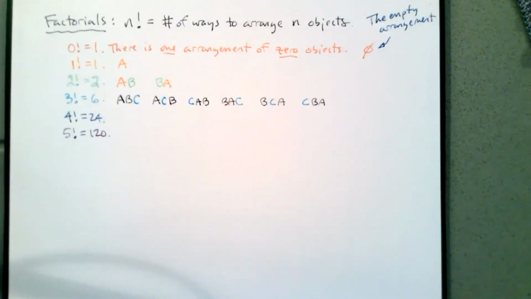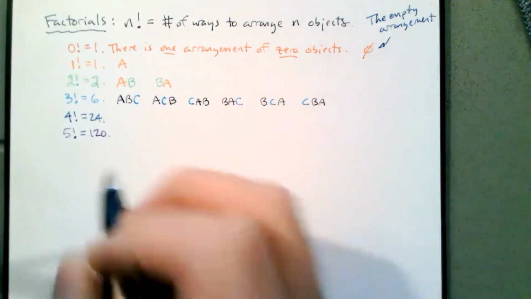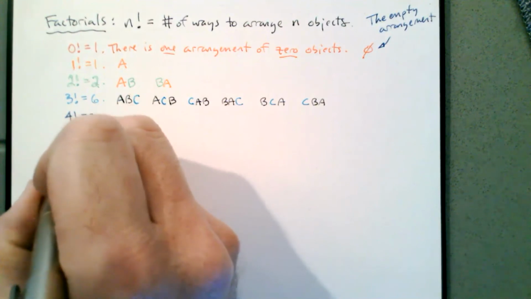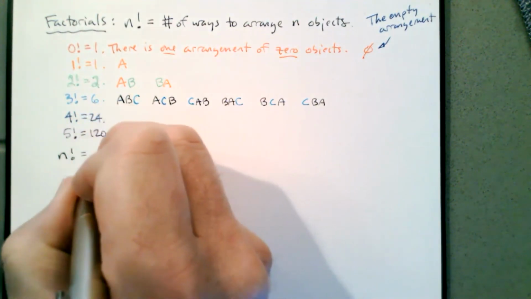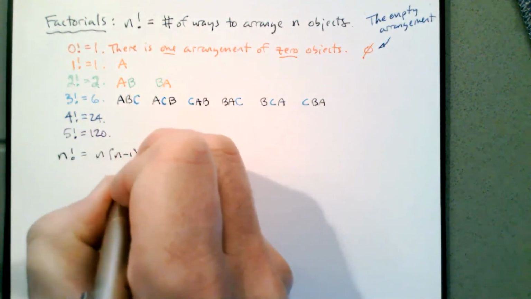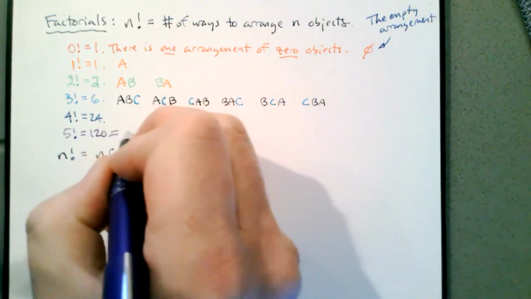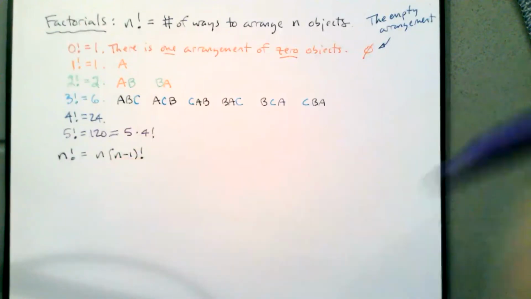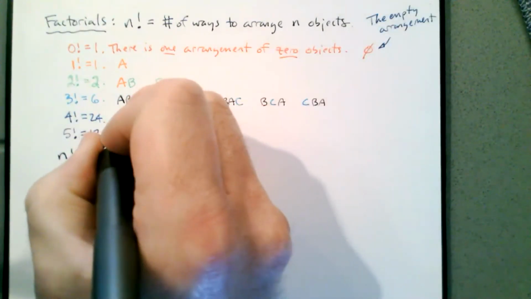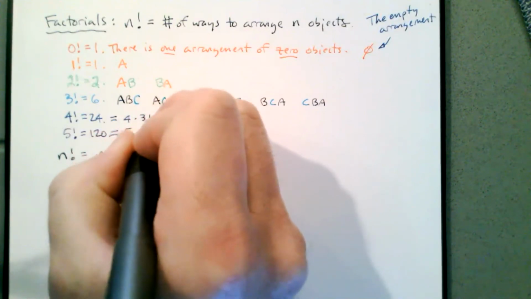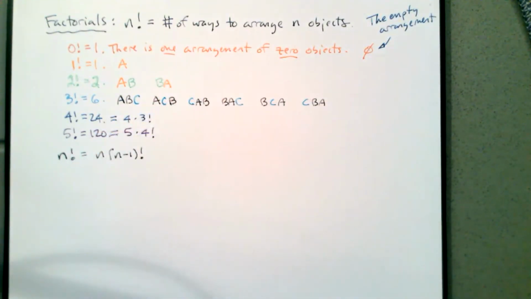So then we get into the functional way we can figure out what n factorial is. We just take n and multiply by the previous one. 5 factorial is just 5 times 4 factorial. 4 factorial is just 4 times 3 factorial. 3 factorial is 3 times 2 factorial.